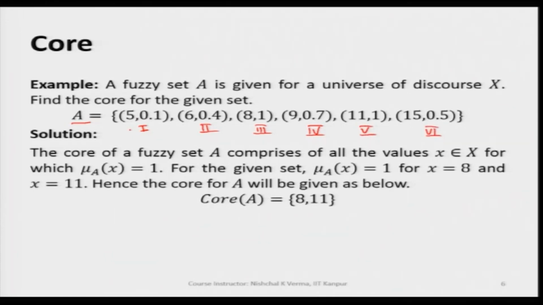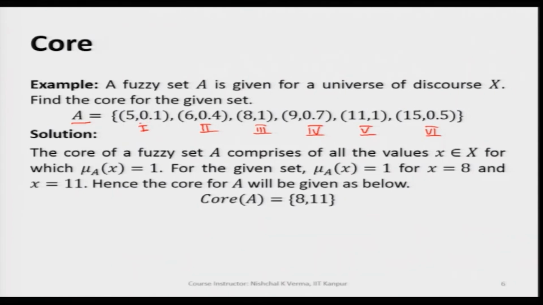A fuzzy point means it has two values. It is a pair. As we have seen in the previous example, the first element is the generic variable value, and the second element of this pair is the corresponding membership value.